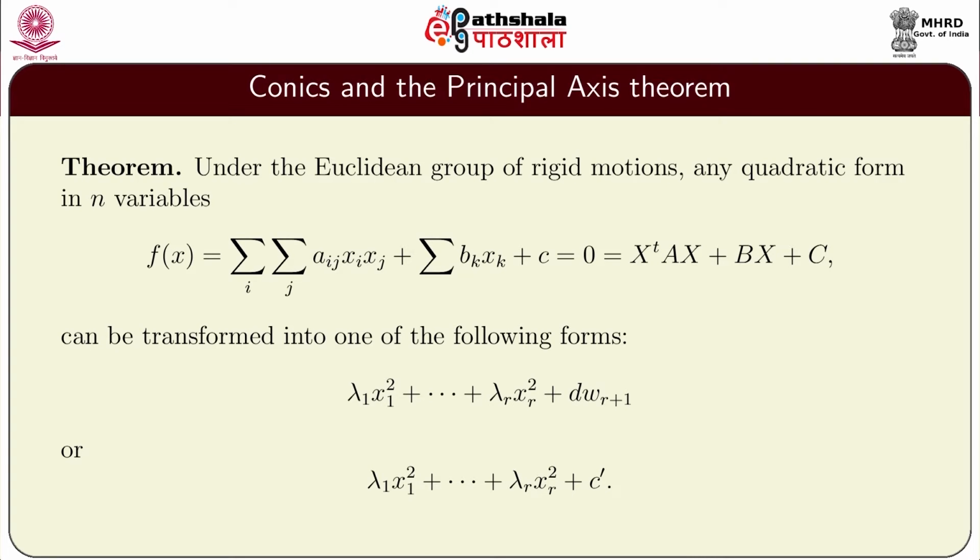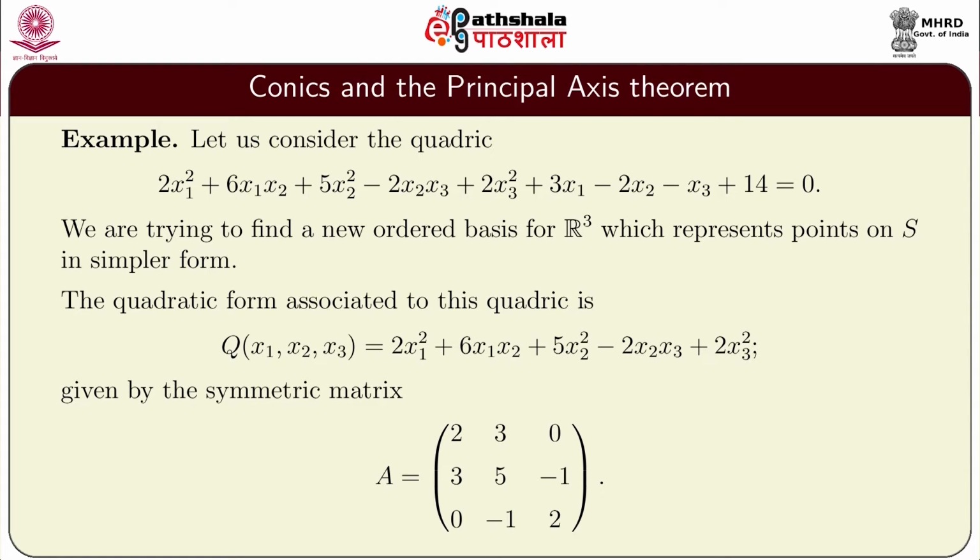And what is interesting is that this whole thing can be achieved by rigid motions, that means by orthogonal transformations and translations, because we have already seen that rigid motions are nothing but compositions of orthogonal transformations and translations. Let us understand this theorem with the help of a concrete example.